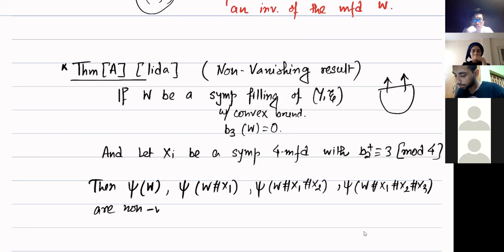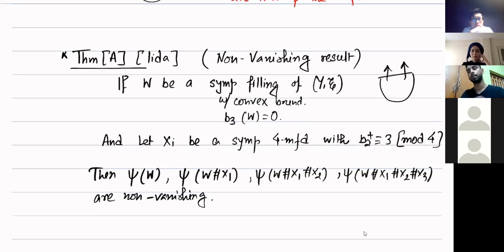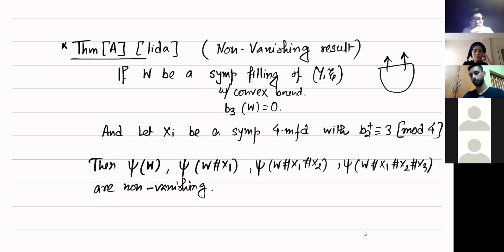So notice that all the previously known invariants, which are coming from various gauge theoretic points of view, for example the Seiberg-Witten four-manifold invariant or the Bauer-Furuta four-manifold invariant, all of those actually vanish in this connected sum.